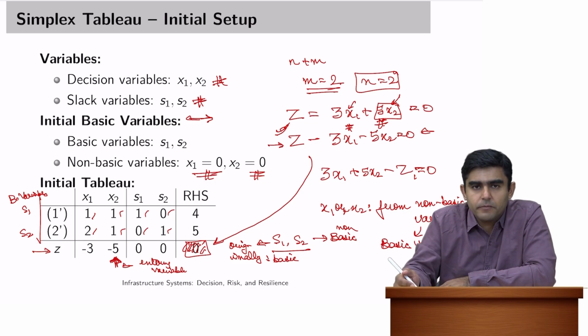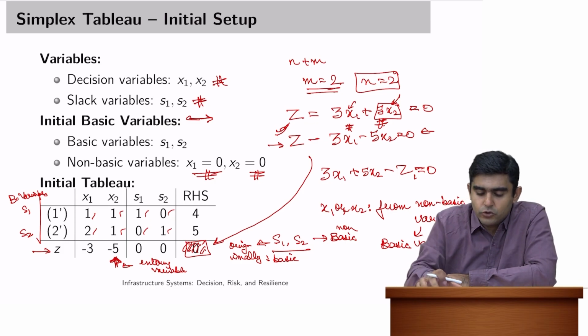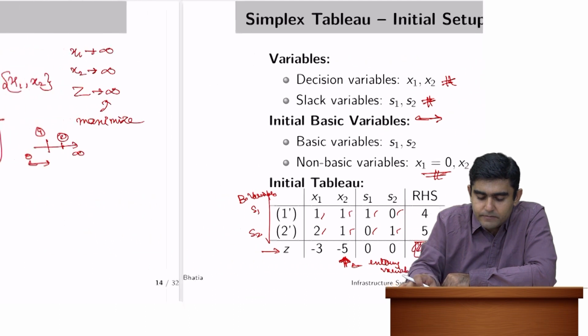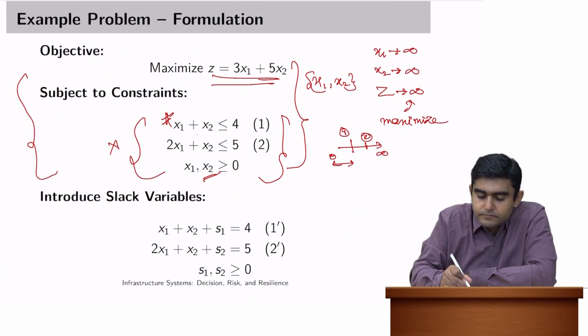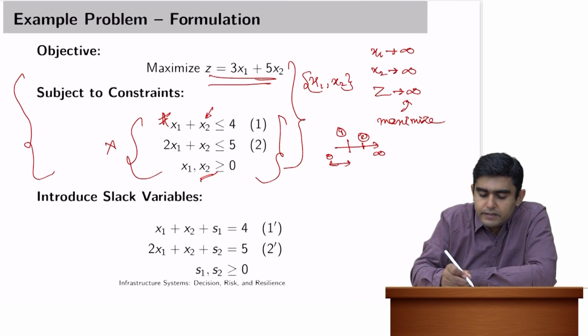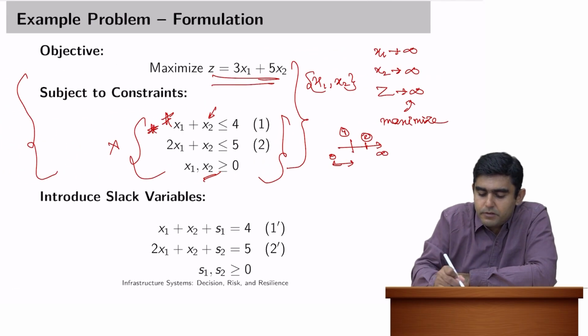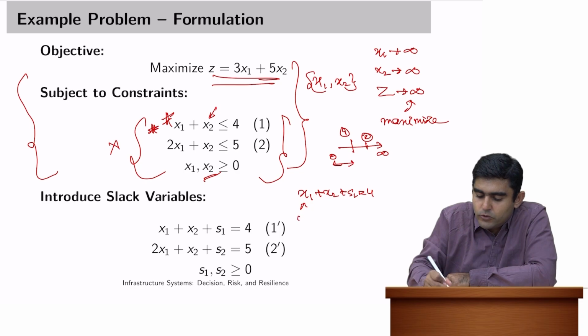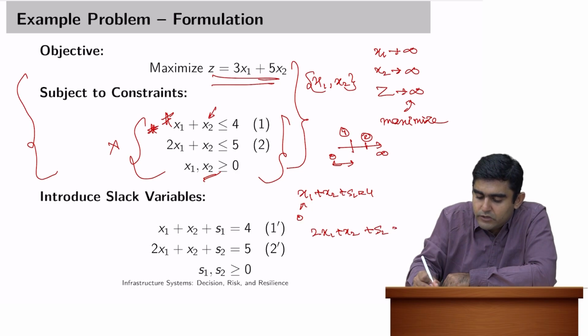So if I go back to my constraints, if I increase x2 first, it is very clear that in equation number 1, x1 plus x2 plus s1 equal to 4, this is 0, and in the second case 2x1 plus x2 plus s2 equal to 5, and this is also equal to 0.